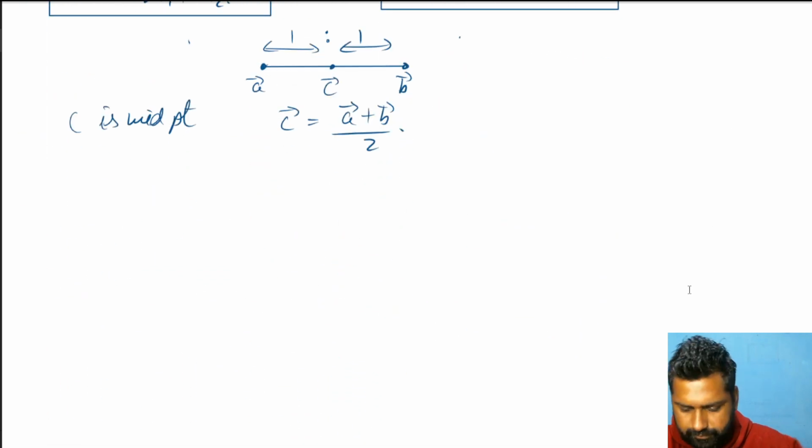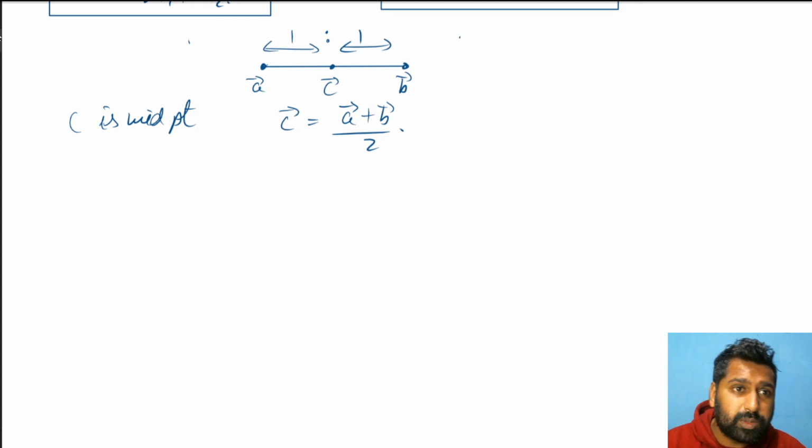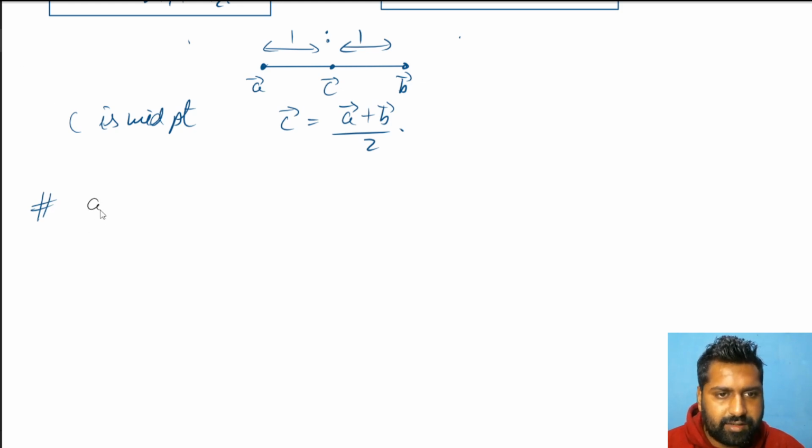Let's solve a few questions, then we'll look at the concepts. So let's start with a very simple question. Let's do addition of two vectors. A vector is i cap minus 2j plus k.